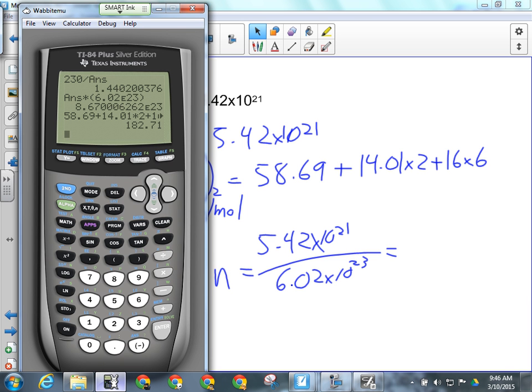We have to put both of them in brackets: 5.42 divided by 6.02 times 10 to the 23. We're looking at 0.009 moles.